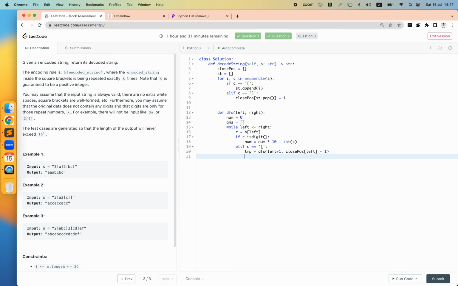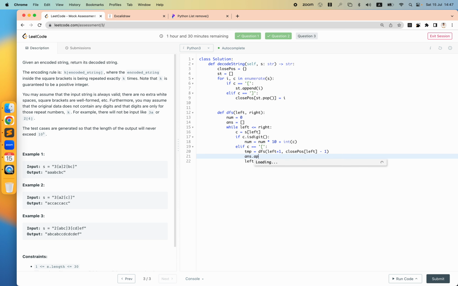Yes, open one. After this one, left will move to the last one.